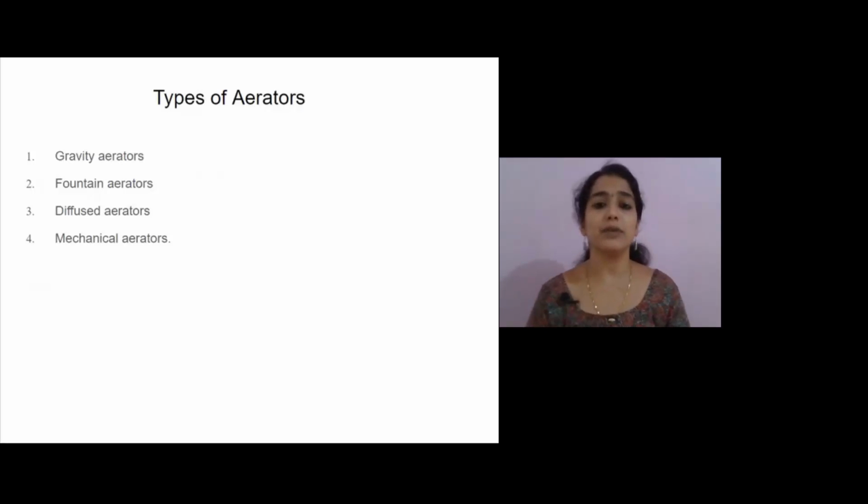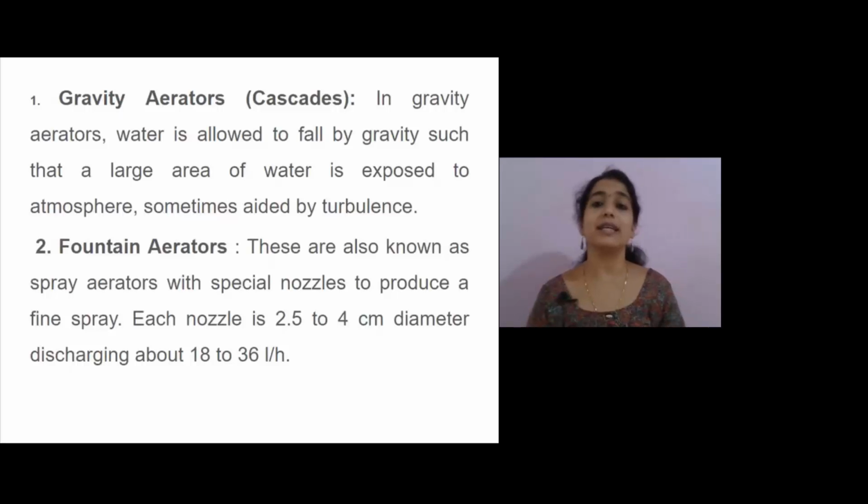Then types of aerators. There are 4 types of aerators. First one, gravity aerators, then fountain aerators, then diffused aerators, then mechanical aerators. The first one is gravity aerators. It is also known as cascades.